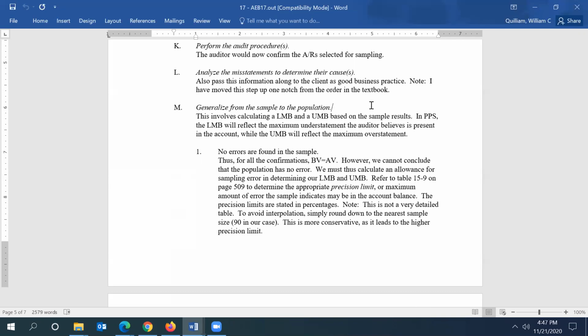Whoops, let me just get this in camera range here. So we'll have a lower confidence limit or lower misstatement bound, an upper confidence limit, or upper misstatement bound. We'll calculate these quite easily with what's on the table for you. And we'll still have our X bar or E hat.